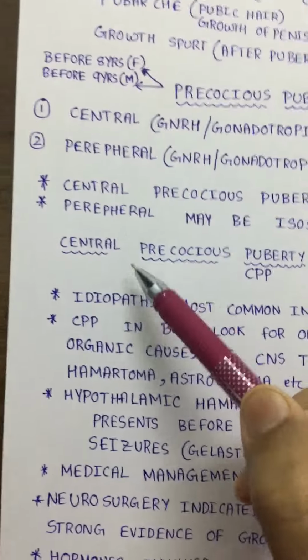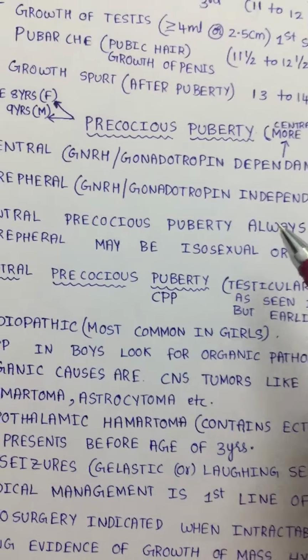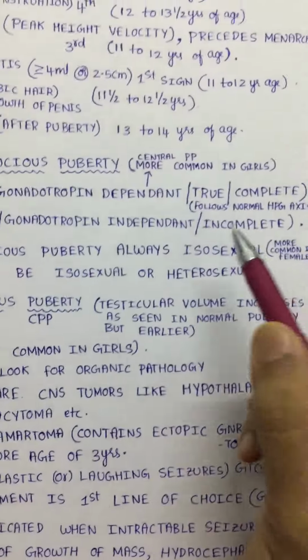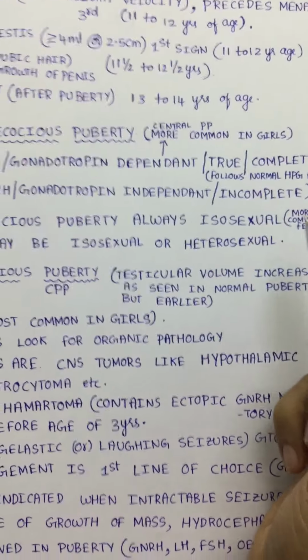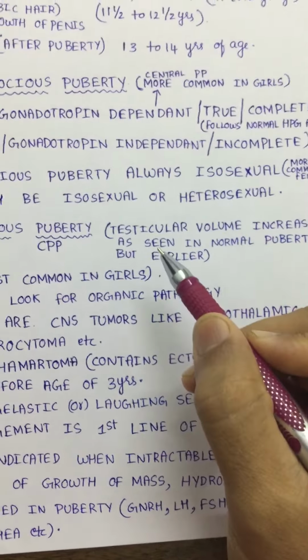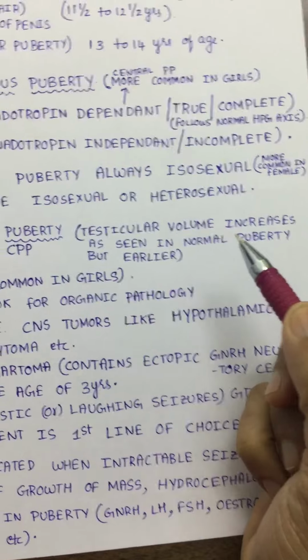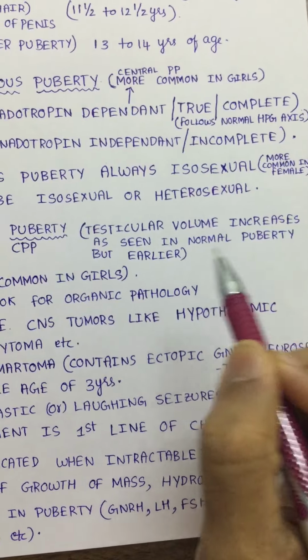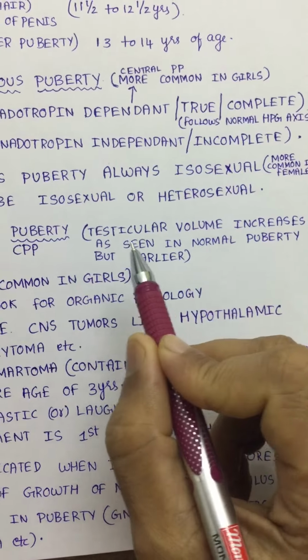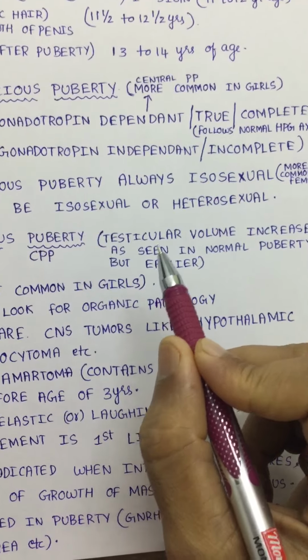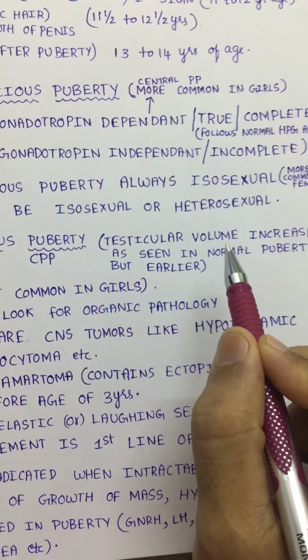Now we will come to central precocious puberty. We already discussed central precocious puberty is more common in females. I already told testicular volume increases as seen in normal puberty but earlier, because testicular volume depends on the gonadotropins.